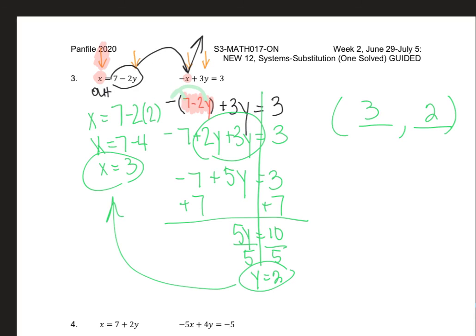And I get x to be equal to 3, which makes my ordered pair 3, 2. And I'm all done.